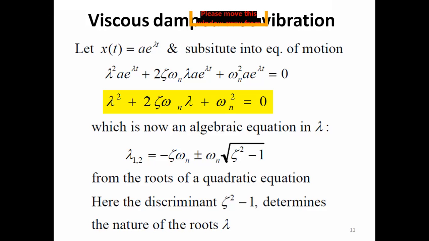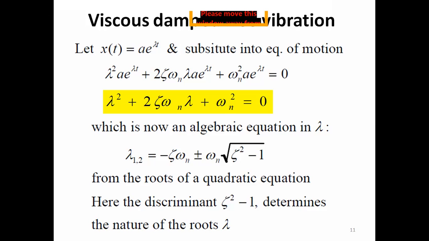So during all of the time, that quantity is not equal to 0. It means that whatever is inside the parenthesis, that is lambda square plus 2 zeta omega n lambda plus omega n square, must be equal to 0. And this is actually known as the characteristic equation of the system.